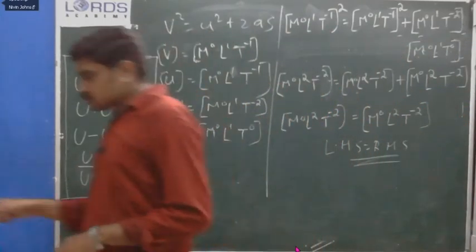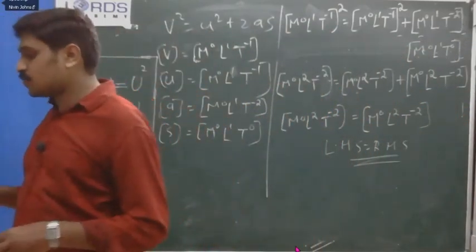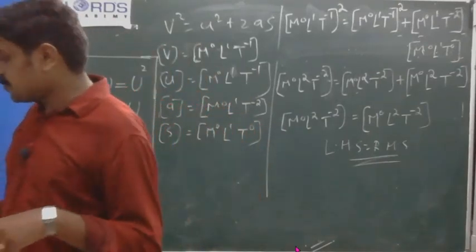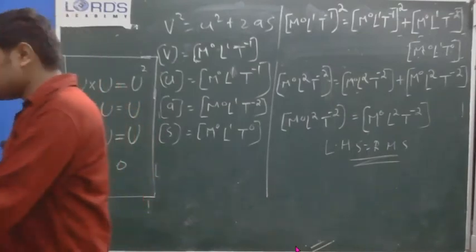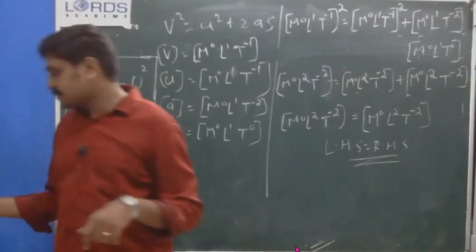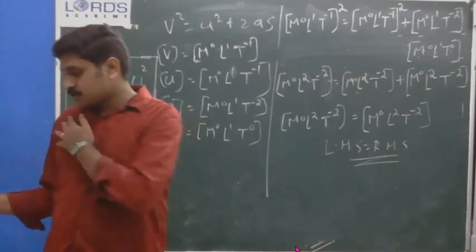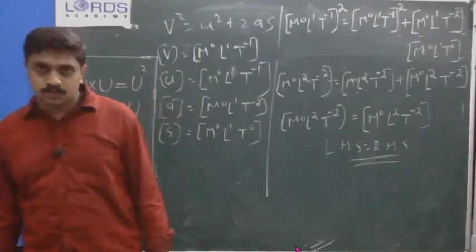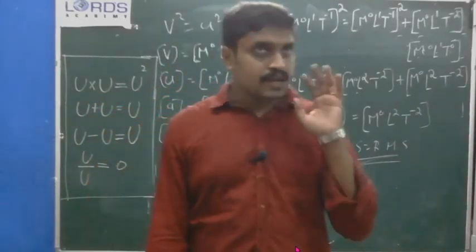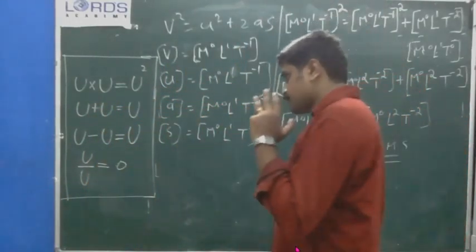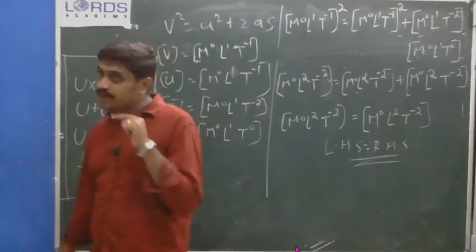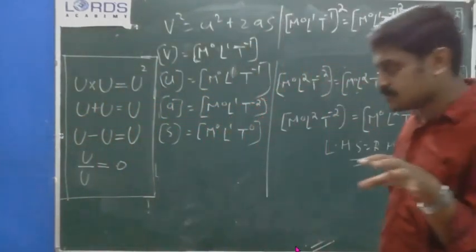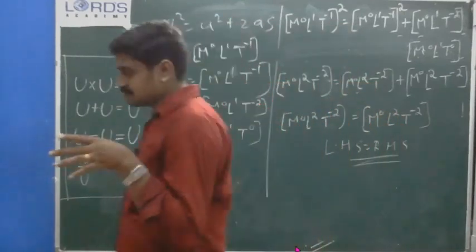Students, we have one more equation to solve. We studied the basic equation and a few equations, and we proved that till now these equations are dimensionally correct. I think you're familiar with other equations too. Any trigonometric terms, constants, numbers, especially numbers and constants, you can ignore.